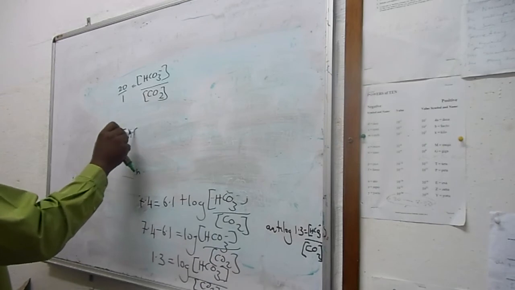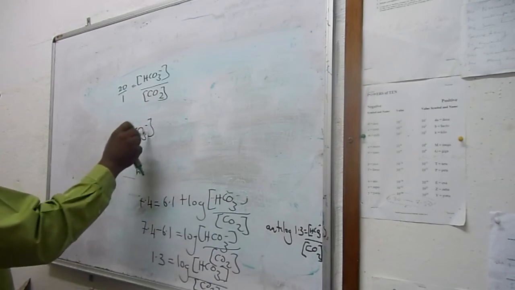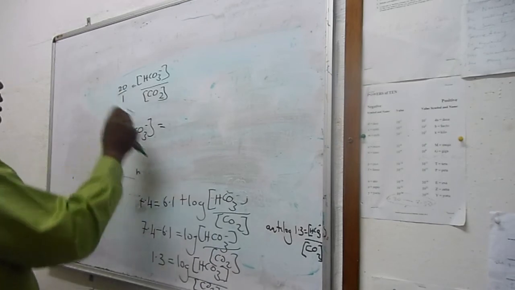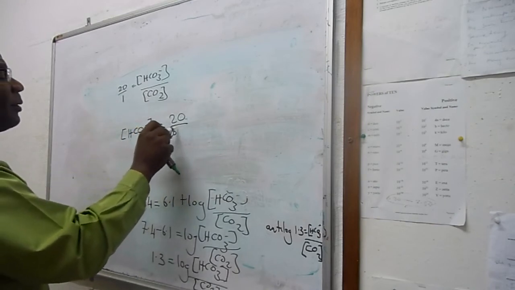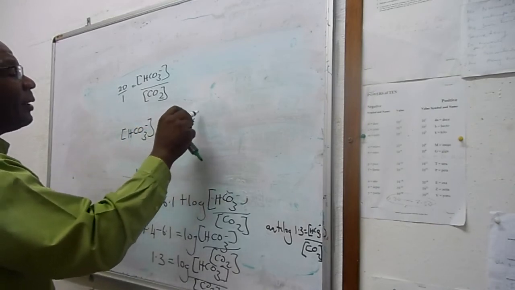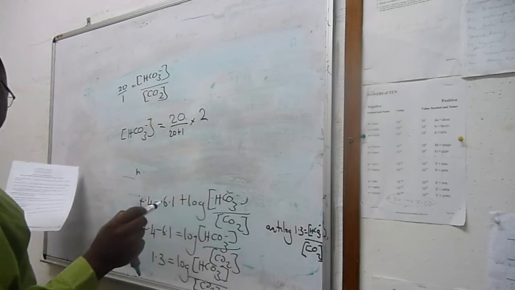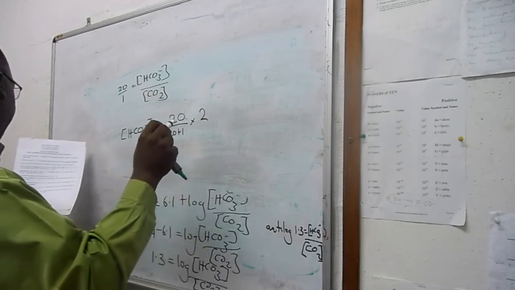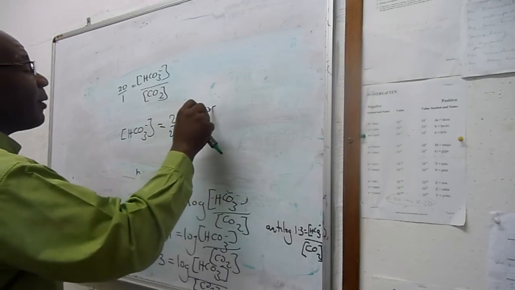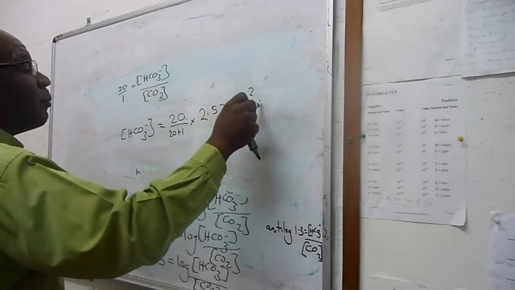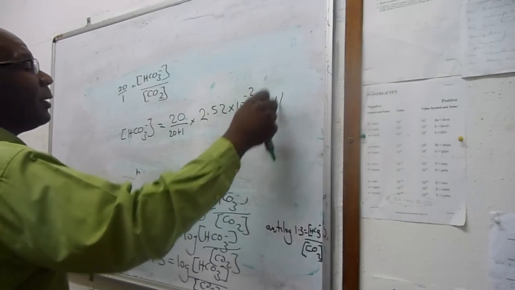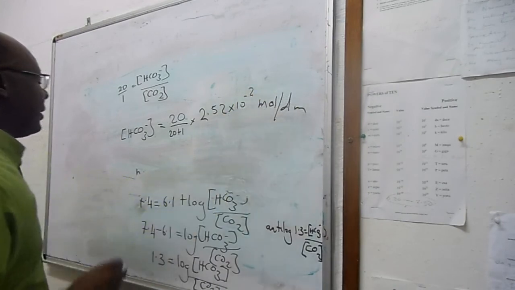So you can say that the concentration of bicarbonate ions is equal to, what's the component of bicarbonate? 20. What's the total? It's 20 plus 1, times the total concentration, which we are given as 2.52 times 10 to the power minus 2 moles per cubic decimeter.